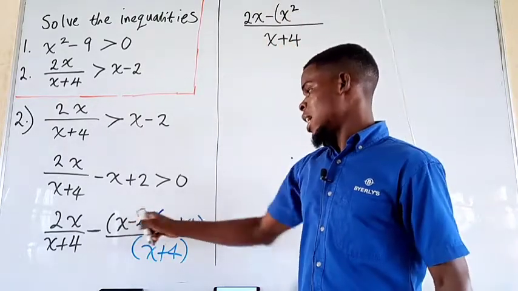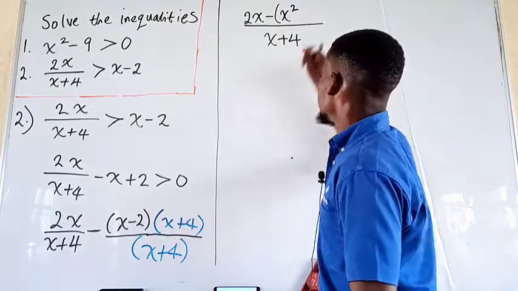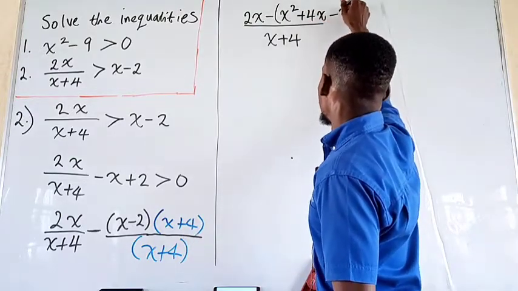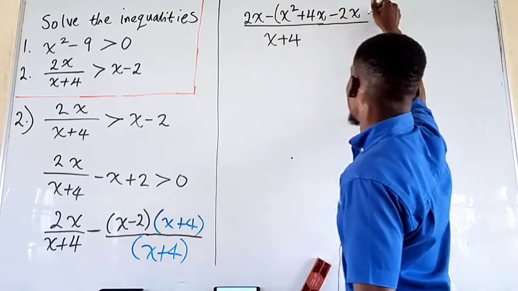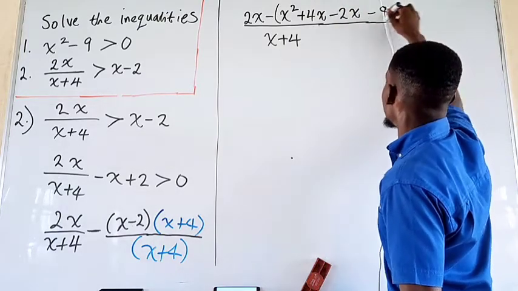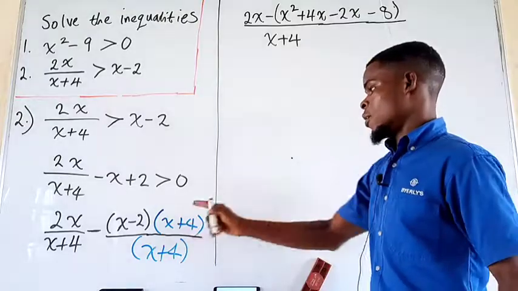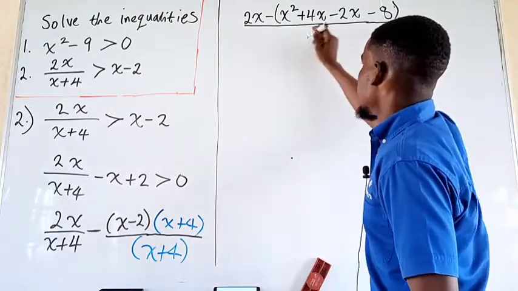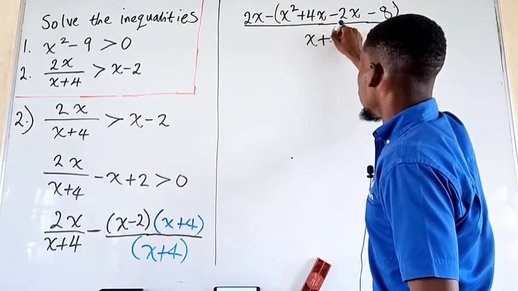We have x times positive 4, that is positive 4x. The next thing we have is negative 2x, and then negative 8. So in the denominator, we have x plus 4.